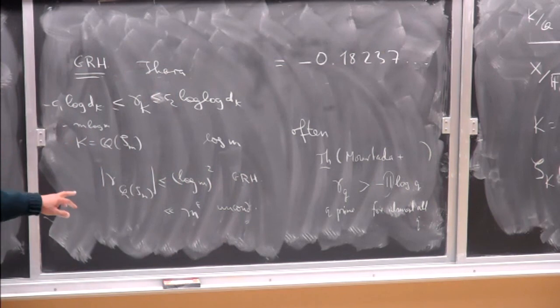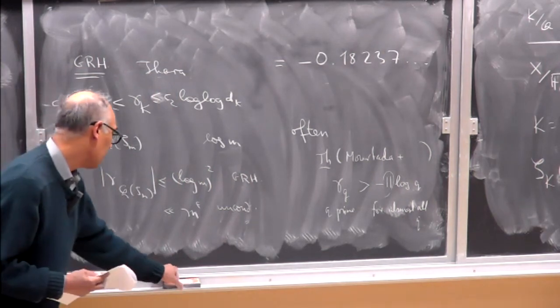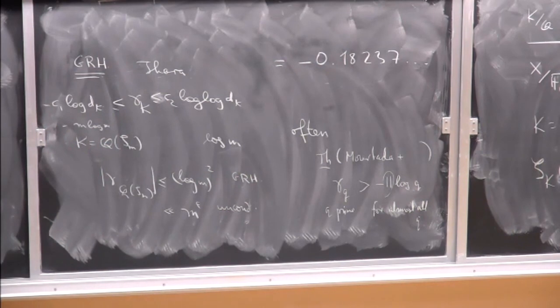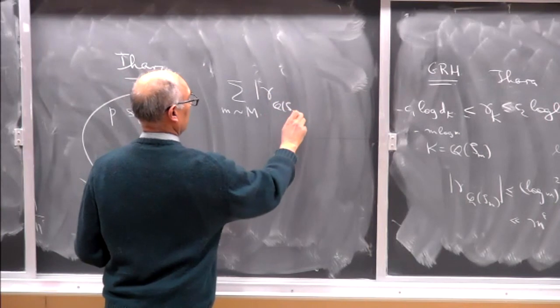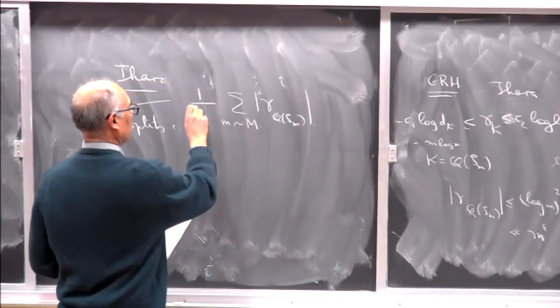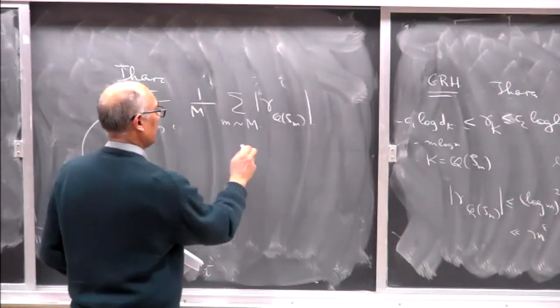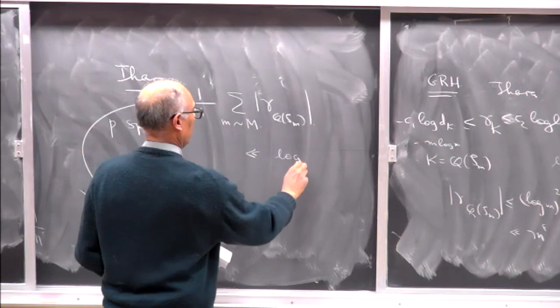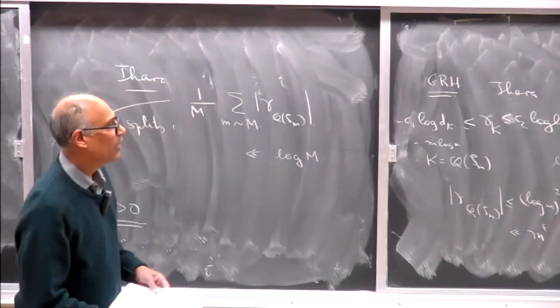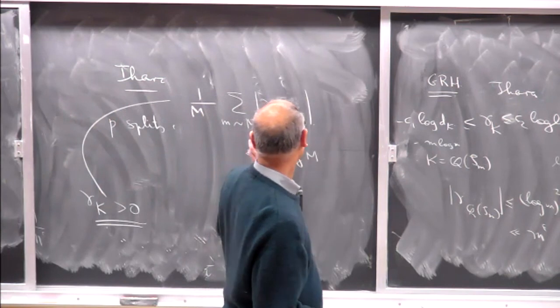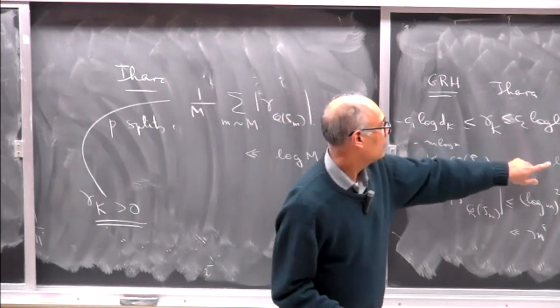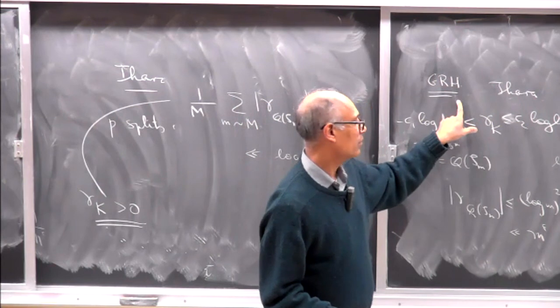Okay, so that much is still no averaging. Right? But then on average, it behaves like the logarithm. If I average this over m, roughly m, divide by the number of m's. So this means between m and 2m, then this is bounded by log m. So then you start to get closer to what he said was the upper bound assuming the Riemann hypothesis.